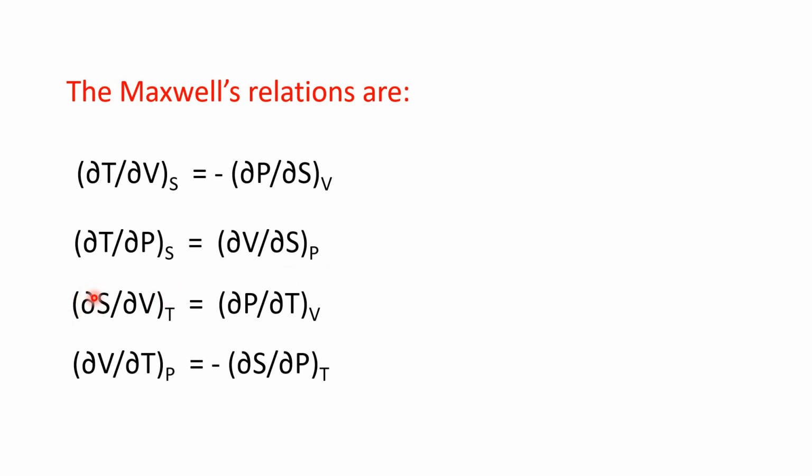Next one, change of entropy with respect to volume at constant temperature is equal to change of pressure with respect to temperature at constant volume. And last one, change of volume with respect to temperature at constant pressure is equal to minus of change of entropy with respect to pressure at constant temperature.